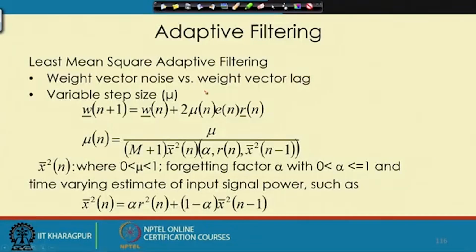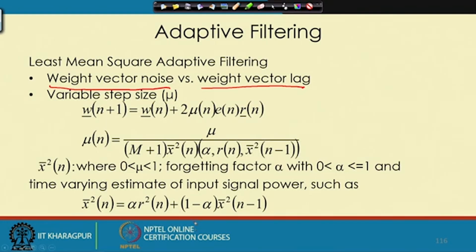Now, what could be the ideal situation then? You would like mu to change over time. Initially, if mu is a little high, then we can update quickly and have low weight vector lag, and once it converges, if we reduce it, then we get less weight vector noise. So, we can minimize both. Usually, if we keep it a fixed value, we need to choose one of them.